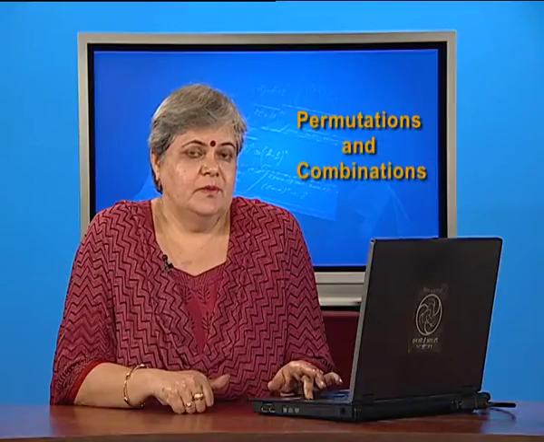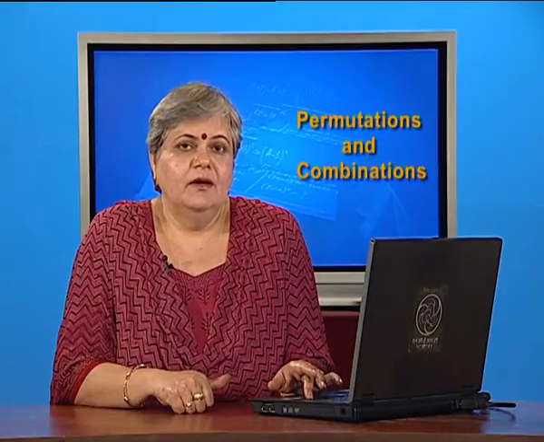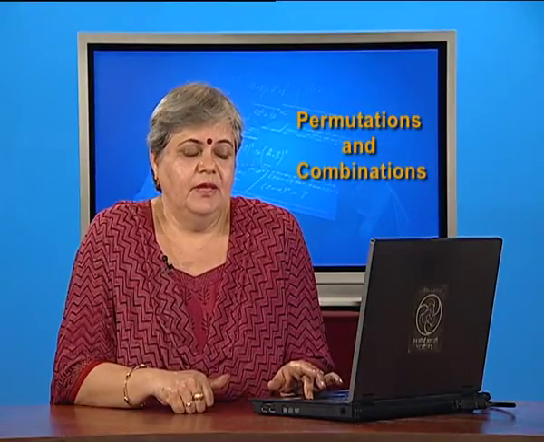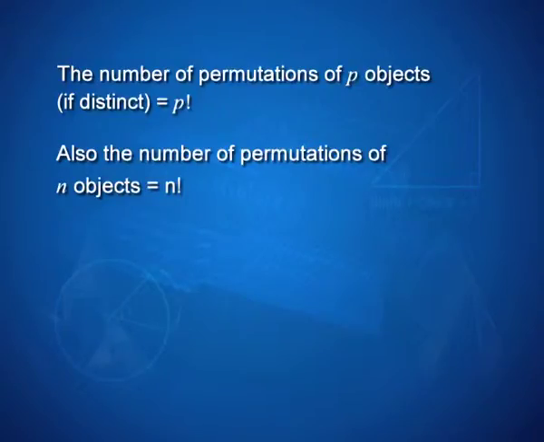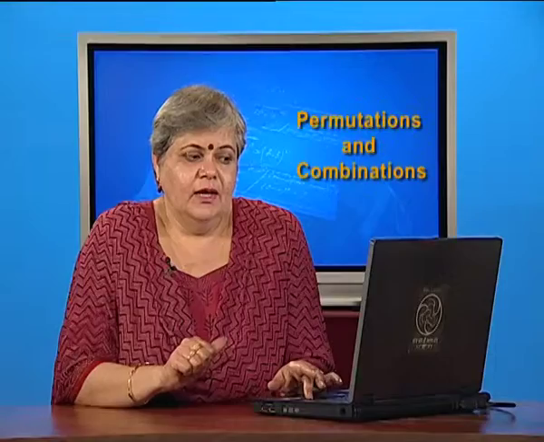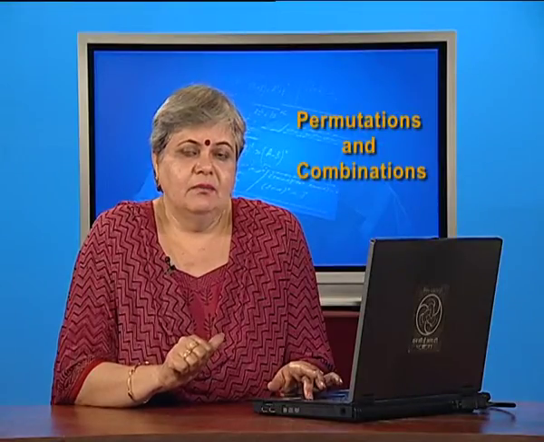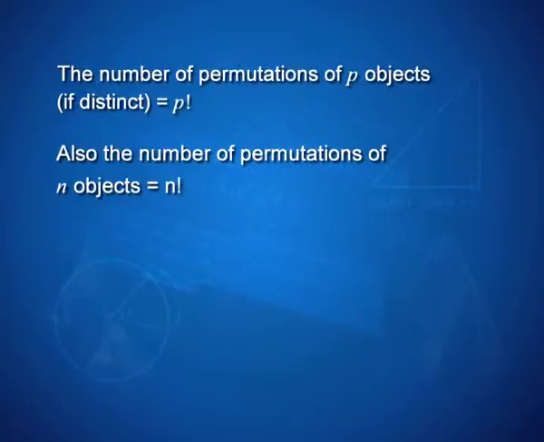If the p objects were distinct, they can be permutated between themselves in p factorial ways. And since there are n objects that we are permutating and we are taking all of them together, not only r or a few of them, all n, those n objects can be permutated in n factorial ways.